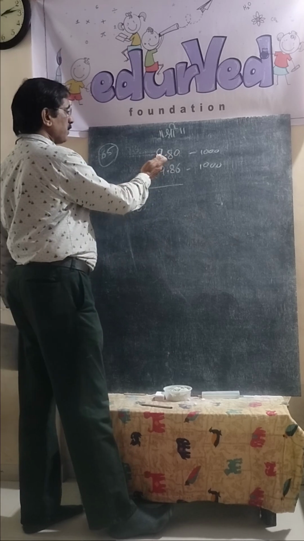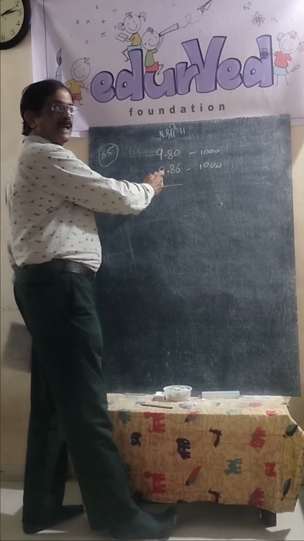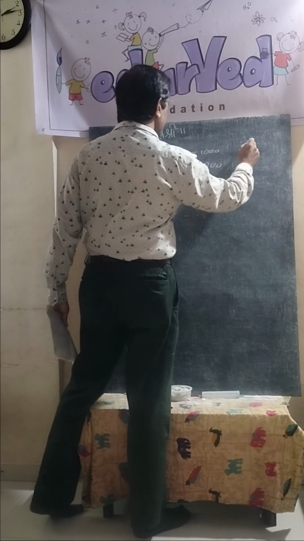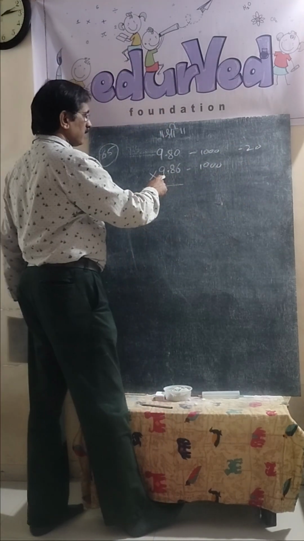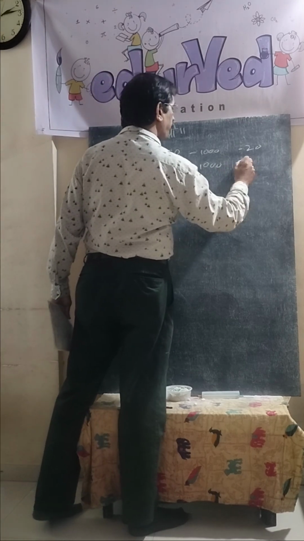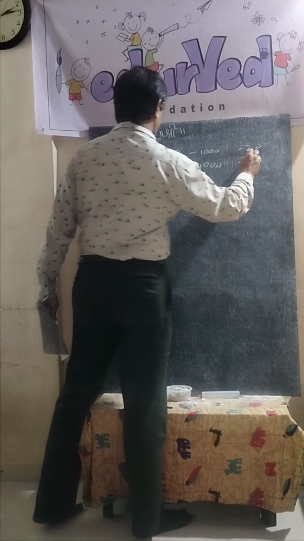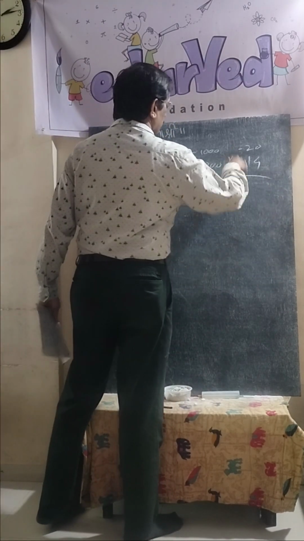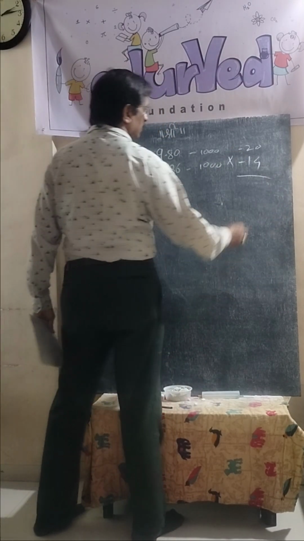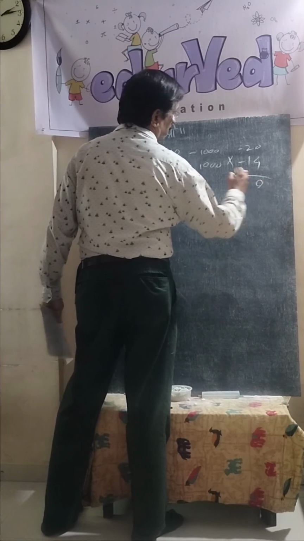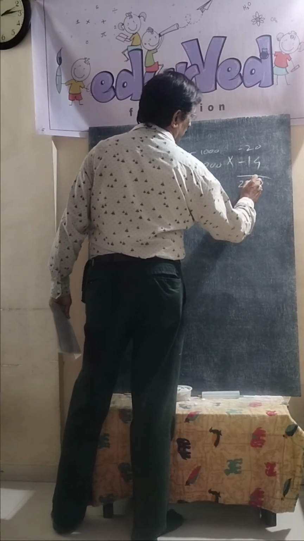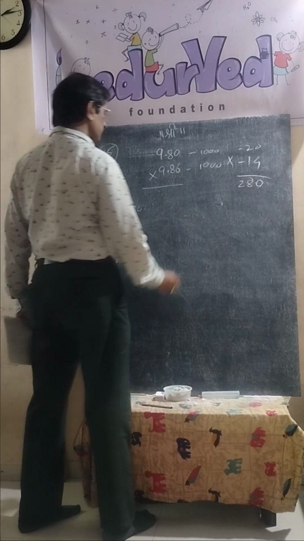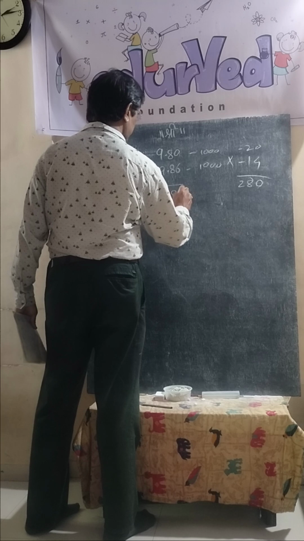So consider this number to be 980 and this number to be 986. So 980 minus 1000 will be minus 20, and 986 minus 1000 will be minus 14. Now multiply these numbers. The answer is 280.